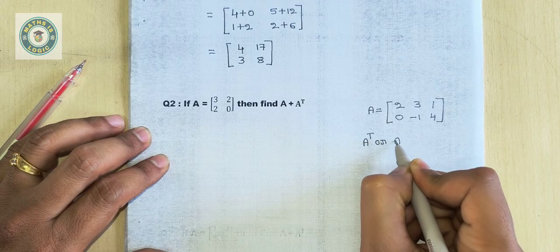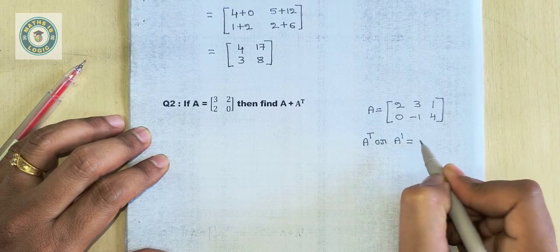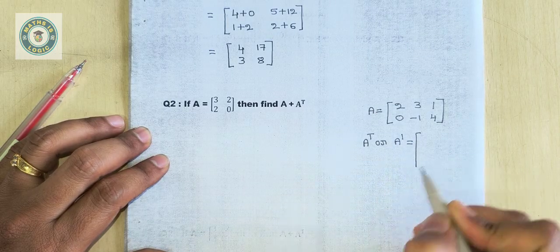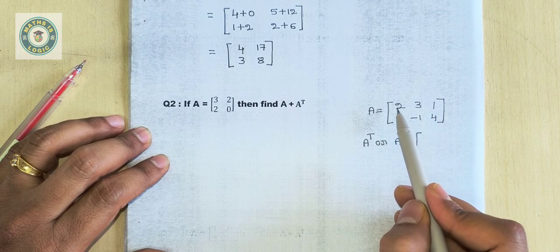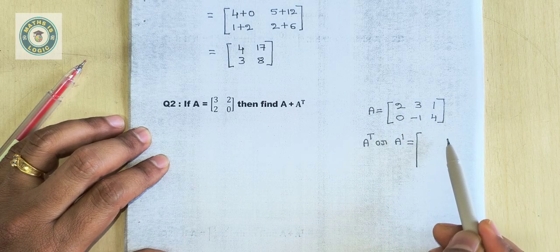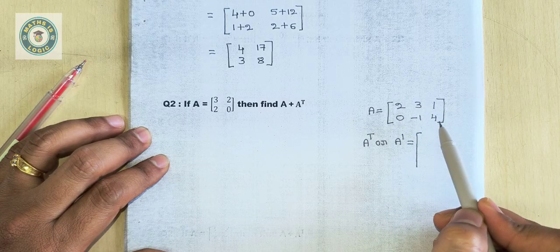If I want to write the transpose of this matrix A, it is denoted by A transpose, or sometimes by A dash. Here we need to interchange rows in terms of columns, or columns in terms of rows.